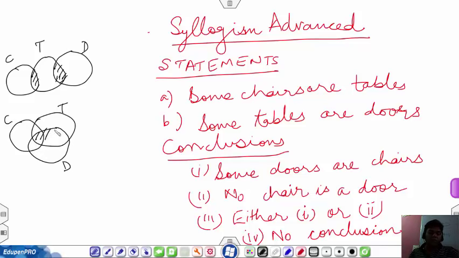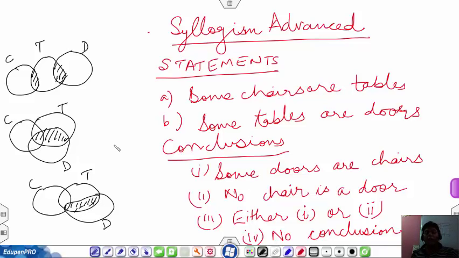So we can have one circle for chair, one circle for table, and then another circle for doors. This can also be a possibility. So there become many possibilities to draw the Venn diagram, and then one by one you need to check with all the three.